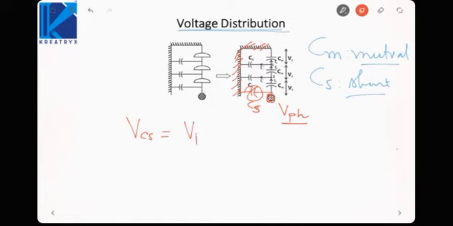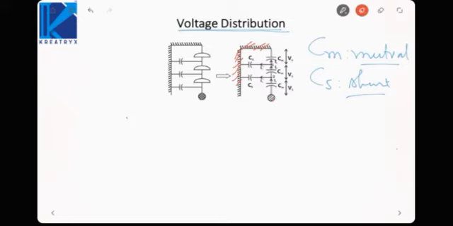It will be V phase, because it is connected between the line and the ground. Its voltage is always fixed, always equal to the phase voltage. So there is no point in representing this capacitor in the circuit, because its voltage will not change. So we can remove this capacitor here.